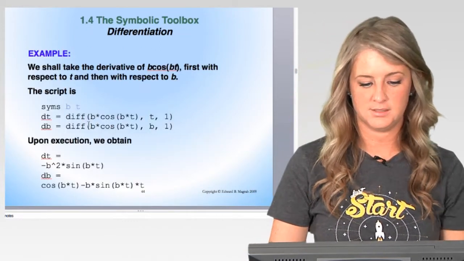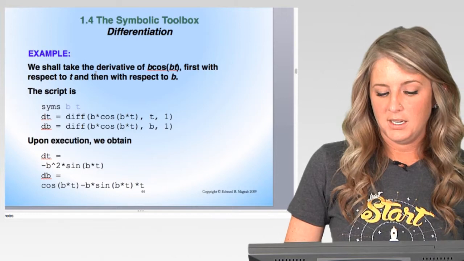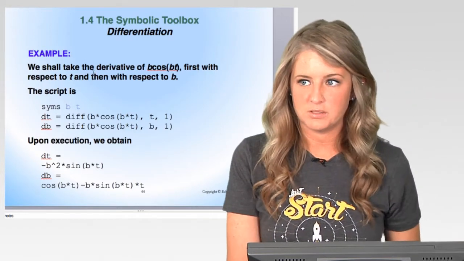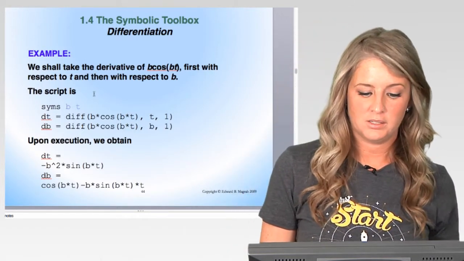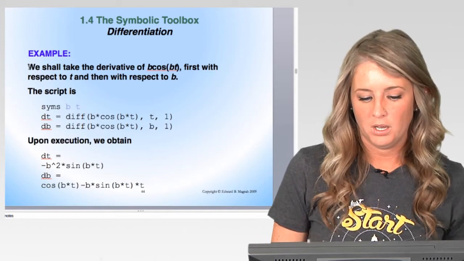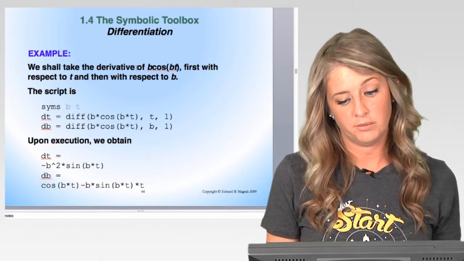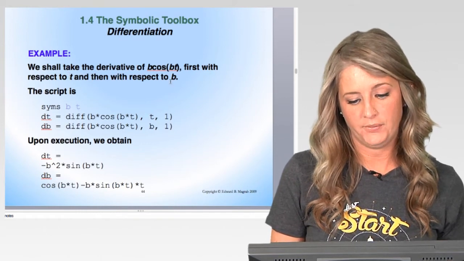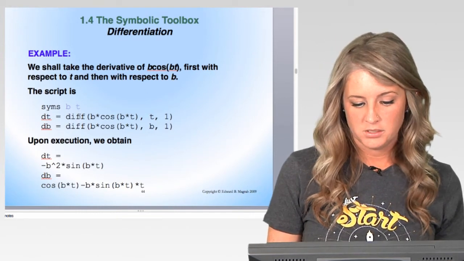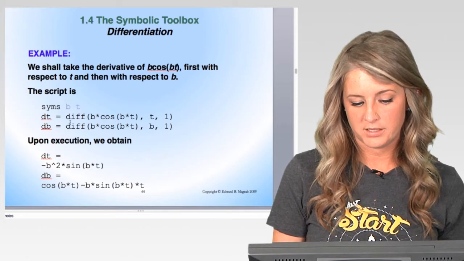So let's look at an example. All of these examples are in your text, by the way, as we go through these, and they provide a lot more context, so be sure that you go through and read these. In this particular example, we want to calculate the derivative, first with respect to t, and then with respect to b. So here is the syntax that we would use to do that.